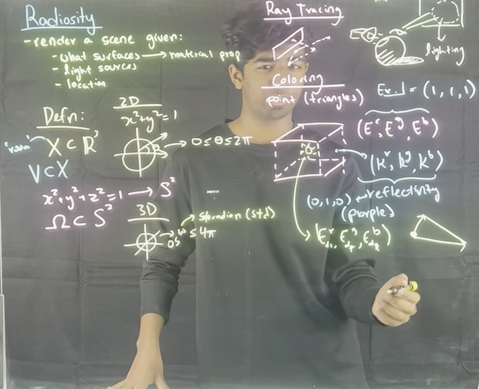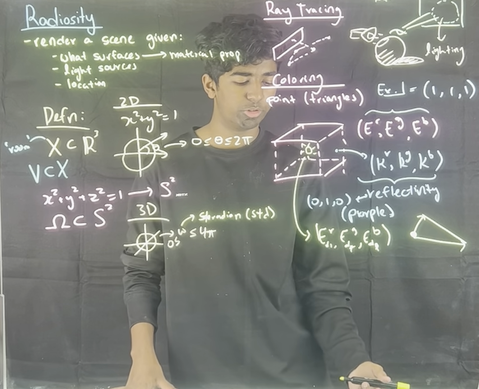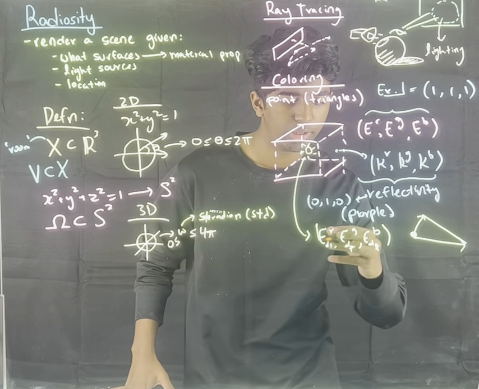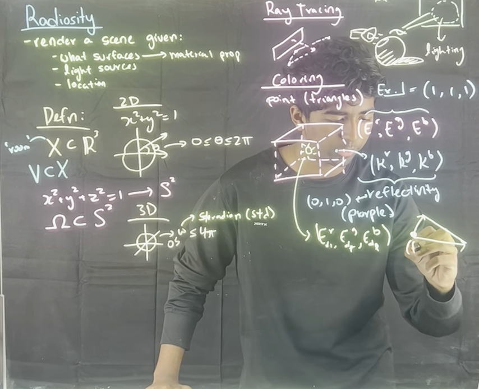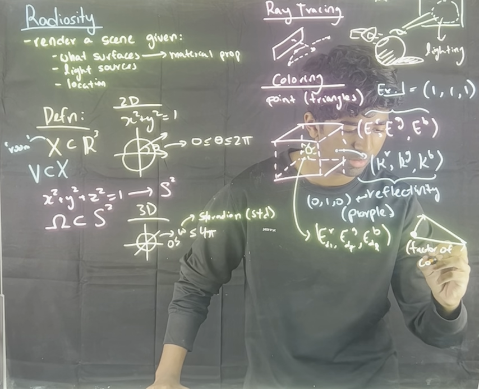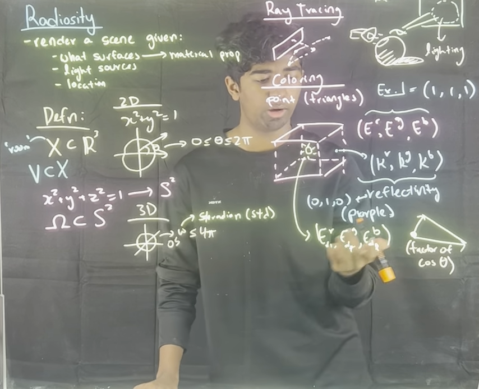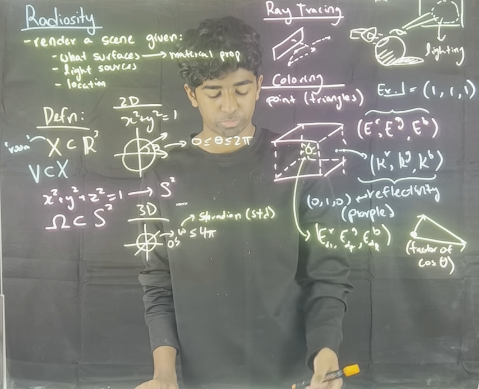How does a component really work over there? Well, if you know some linear algebra or projection, you would know that it would be a factor of cosine theta, and theta is how the lighting hits with the normal vector of that one point.